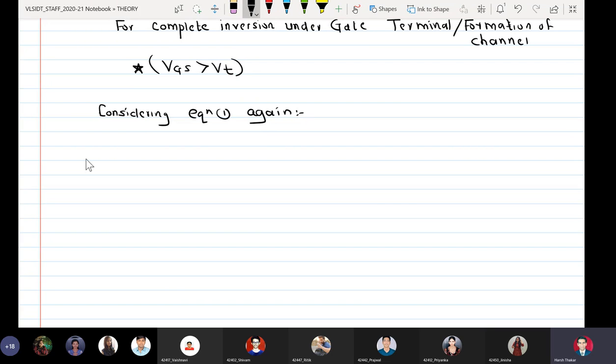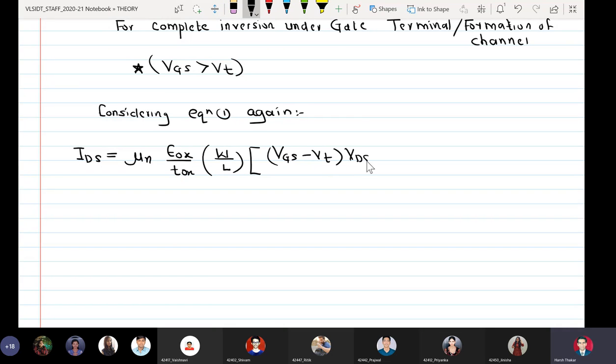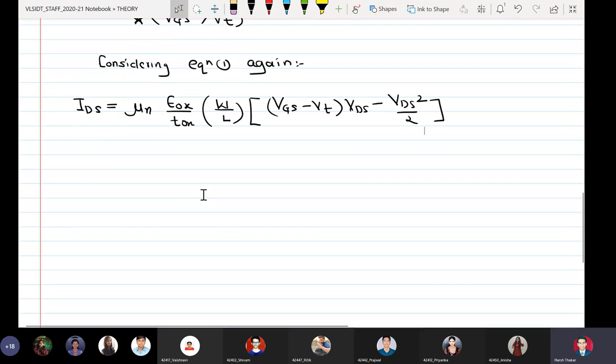Considering equation number 1 again, we have IDS, electron mobility into epsilon ox upon T ox, W by L, VGS minus VT into VDS minus VDS square by 2.